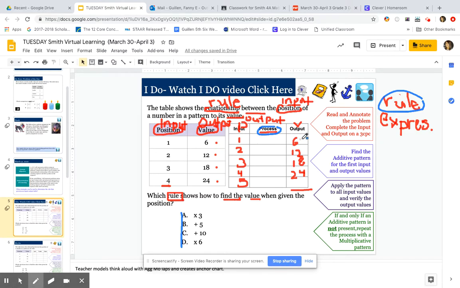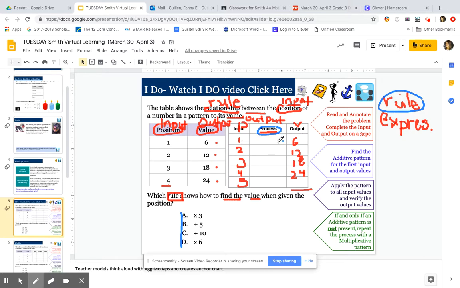What I do notice is that my output is getting larger, right? So I know that I'm either adding or multiplying because I have whole numbers here. If I have a whole number and I add it to another number, or I multiply by another number, that number is going to increase, right?